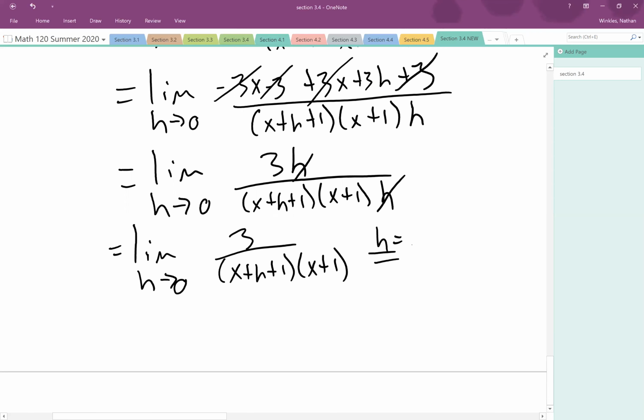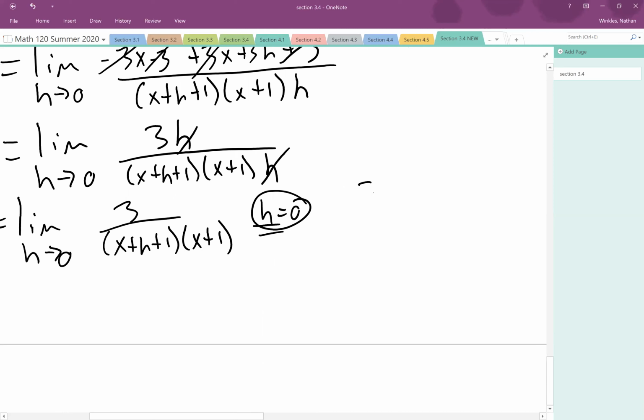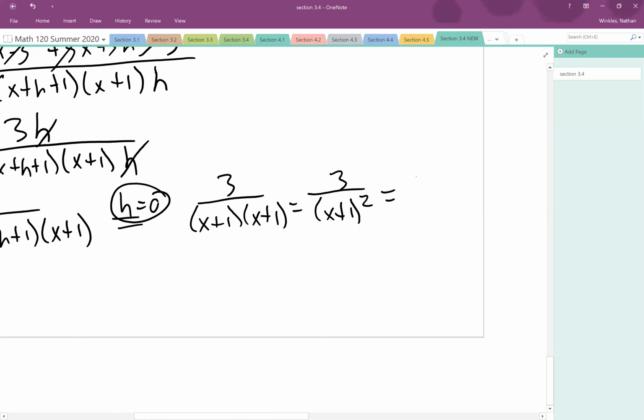Here we can let h equal 0 at this point. So that gives us 3 over x plus 1 times x plus 1, or 3 over x plus 1 all squared. This is our f prime of x.